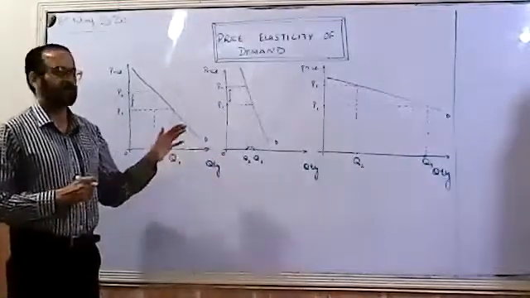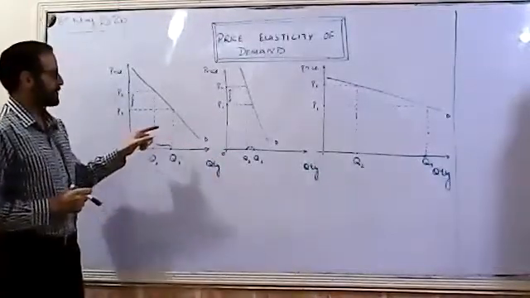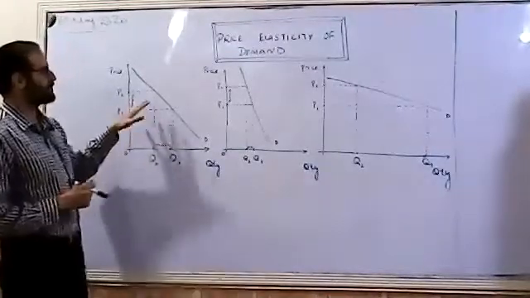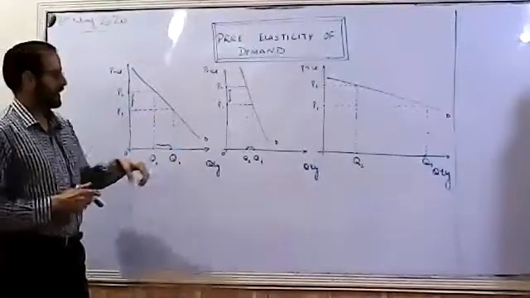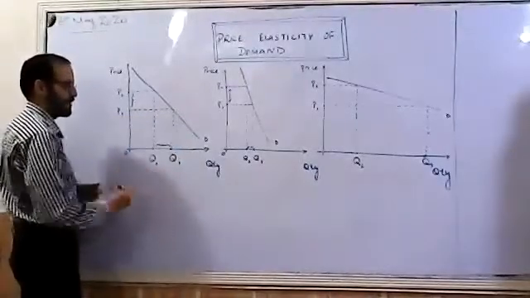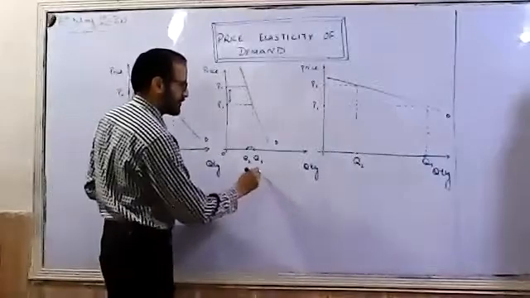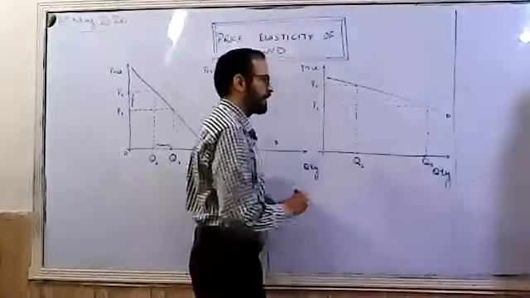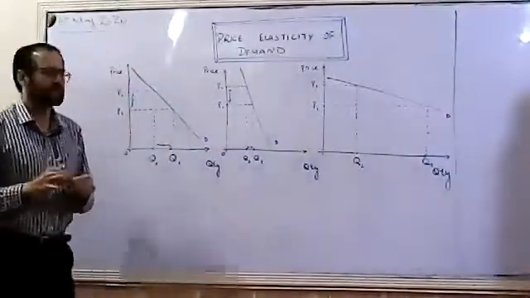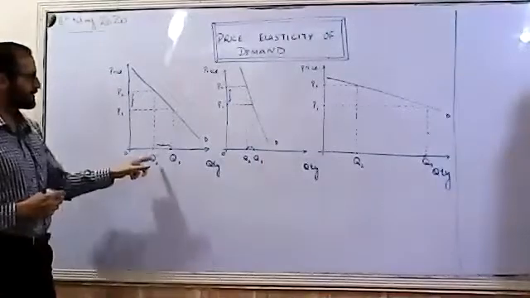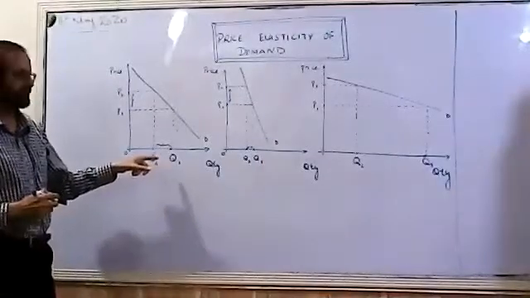It's a demand curve, but the shapes are a little different. Let's assume this is diagram 1, this is diagram 2, and this is diagram 3. Why are we calling them demand? Since the relationship is very clear: if the price is changing, it's affecting the quantity demand.